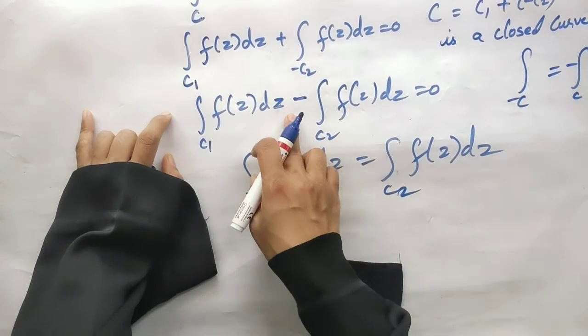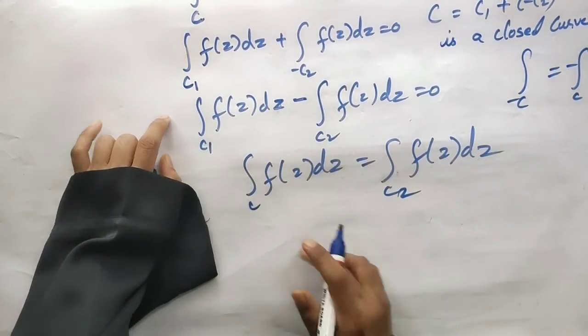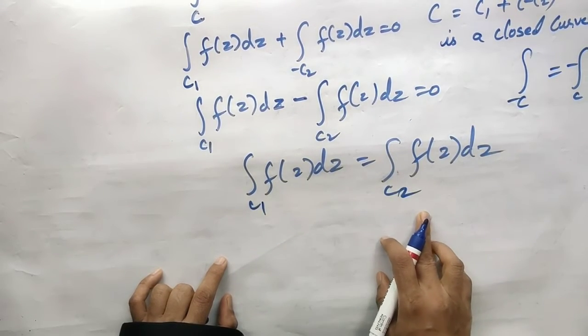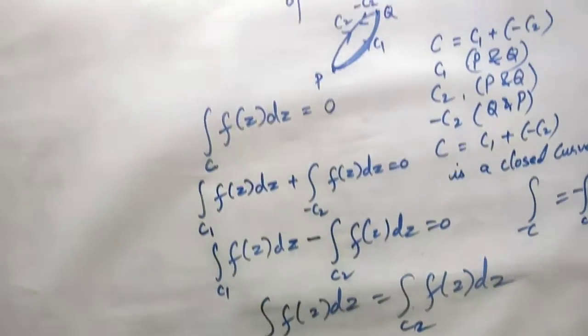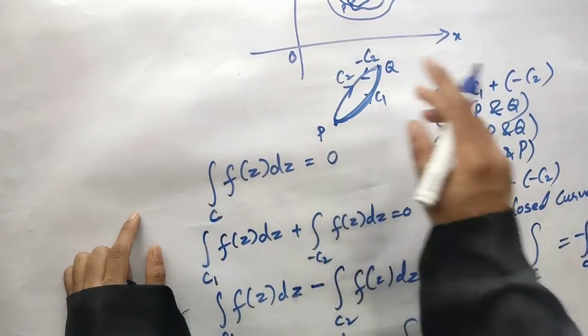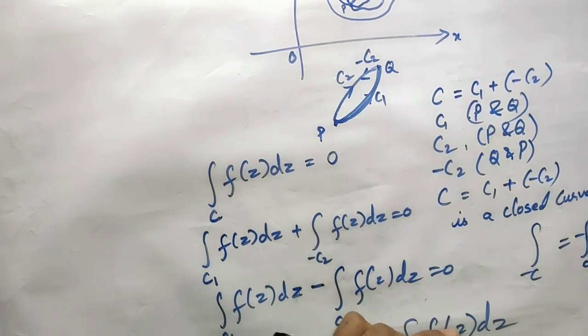So according to that, I can change the minus sign over here and bring it to the right hand side, so that integration along the curve C1 is equal to integration along the curve C2. What are C1 and C2? They are two different paths joining the points P and Q. Therefore the integration of f of z is independent of the path. Hence we have proved it.